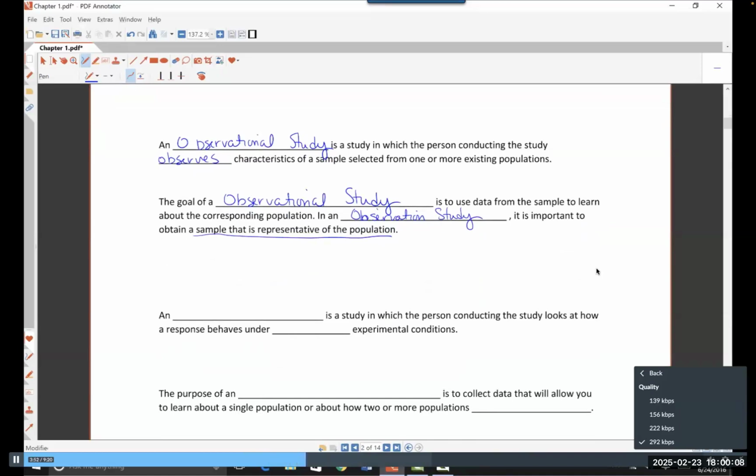Okay? In observational studies, we tend to want to answer questions like, what proportion of the population? Or what is the average?